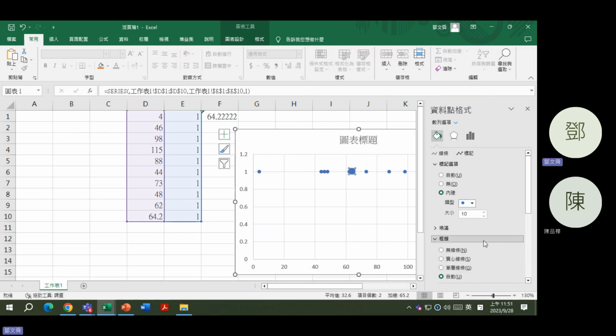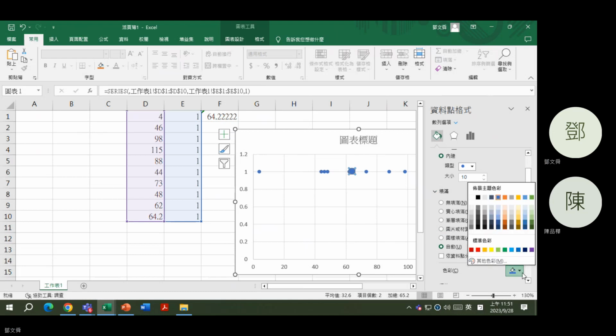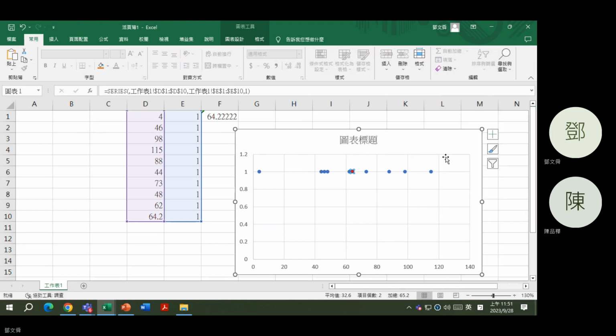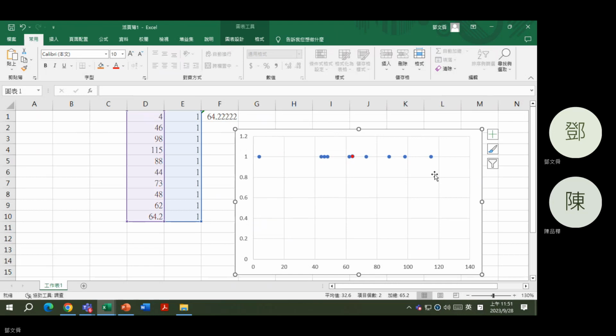Where there's no color? Yeah, here. That's too big. Yeah, here. Yep, good.